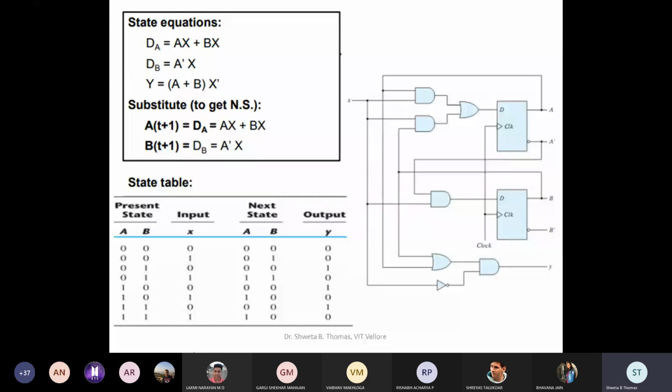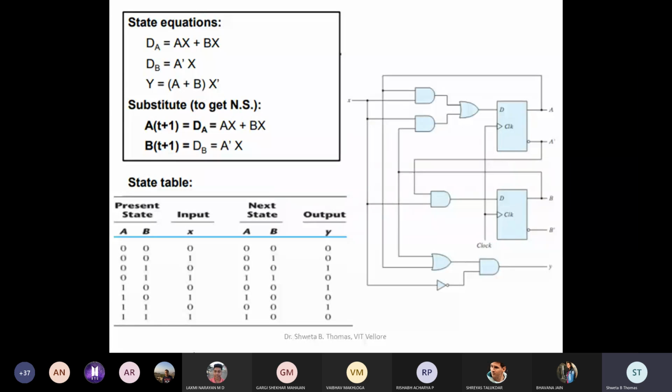Just see the first two columns of present state. Twice we have written 0, 0, similarly 0, 1, 1, 0, and 1, 1. So for input X is equal to 0, present state AB is 0, 0. For input X is equal to 1, present state AB is 0, 0.